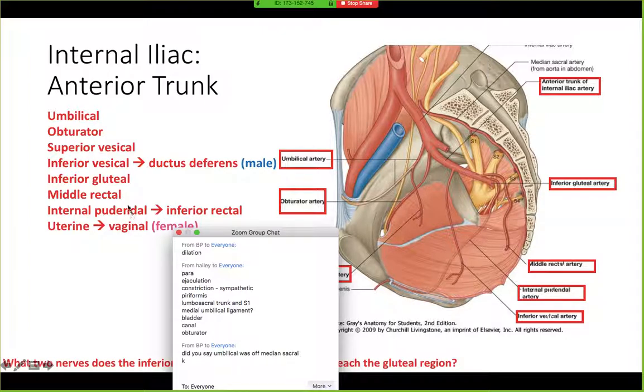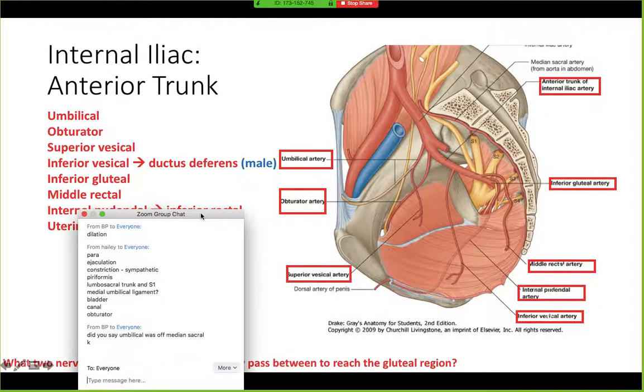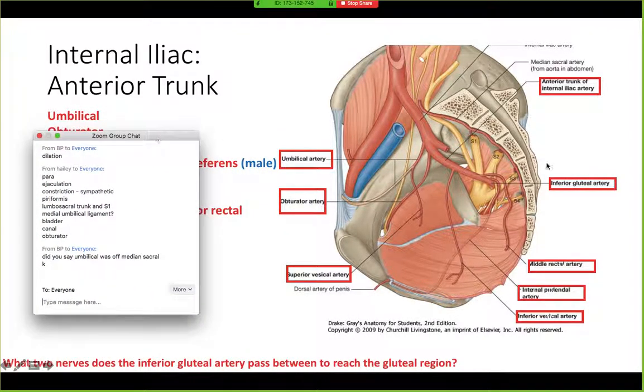So I want to say she said in class that inferior vesical and vaginal were considered equivalent structures between male and female. So that's why males have inferior vesical, and in the female, the equivalent structure is the vaginal artery. All right, so inferior gluteal nerve, you're going to identify because it's going to be passing through what 2 structures or what 2 nerves?